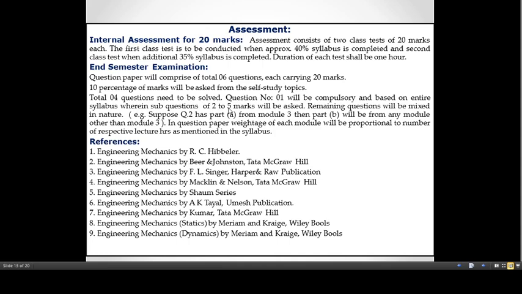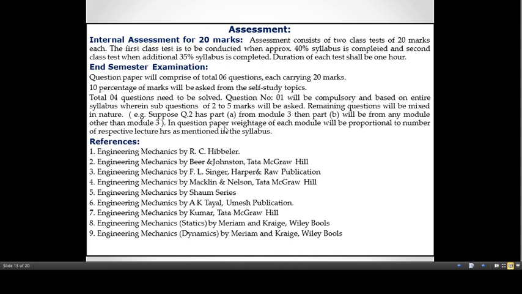I'll share that question paper in the next lectures. So for question number 1, the weightage for the sub questions varies from 4 to 5 marks, and that question is compulsory. From question number 2 to question number 6, you have to solve 3 questions.